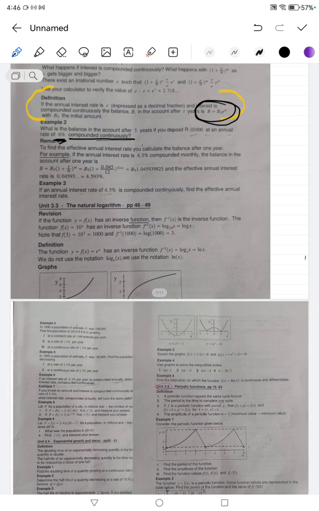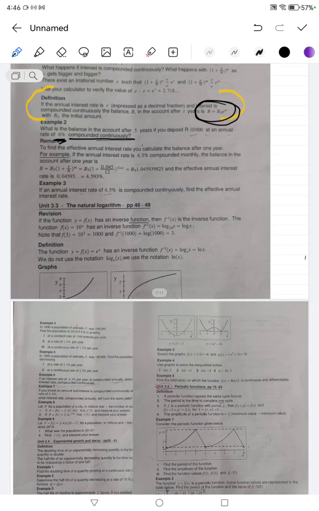So they're still using those words, compounded continuously. So it means we have to use that formula where we have our base of e. Let me just check the values. 4.5% is compounded continuously.